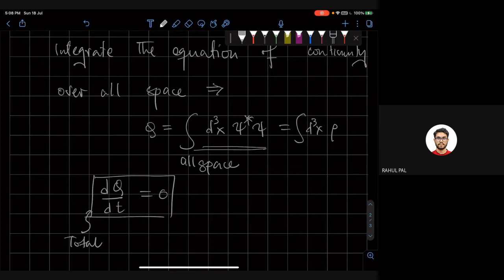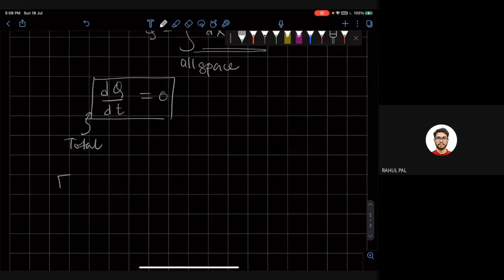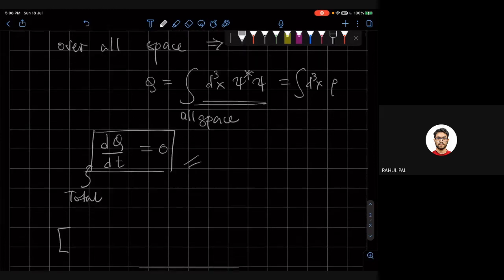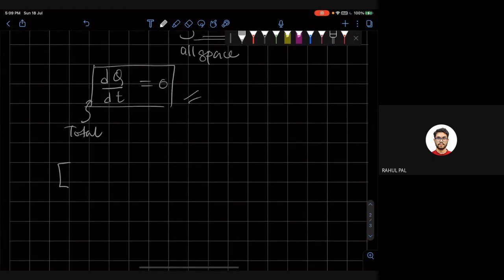So, a hint: there is a way to show this without using the equation of continuity, but I want you to show it using the equation of continuity. Well, there's a way of showing it without it, but you are implicitly using the equation of continuity.